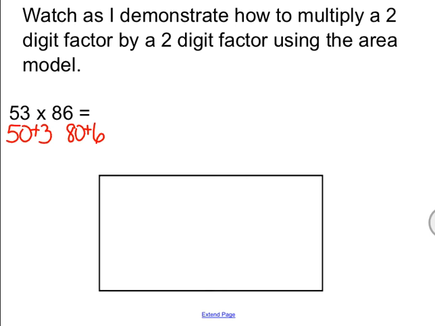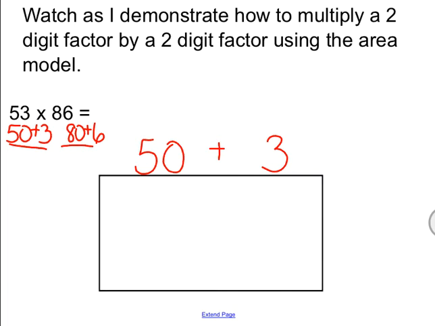Now I have to label my rectangle, okay? So I'm going to put, since it's first, 50 plus 3 along the top. So I'm going to write 50 plus 3. Notice how I separated the 50 and the addition symbol and the 3 to space it out. So now I have to put 80 plus 6.